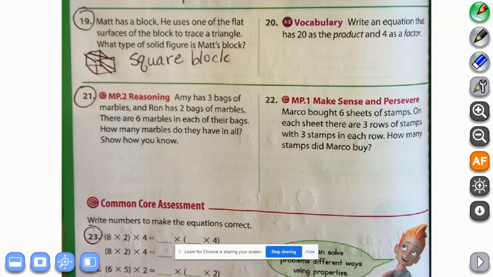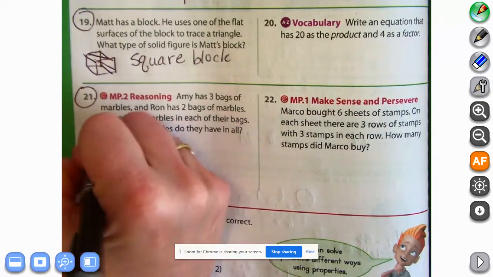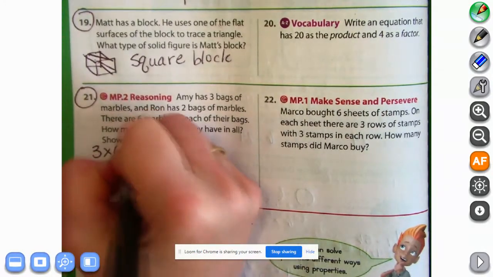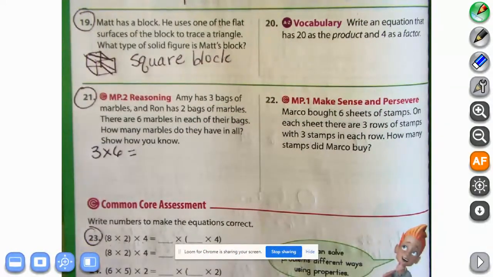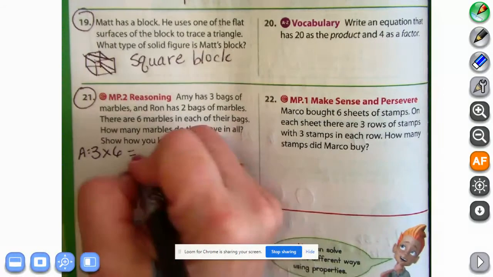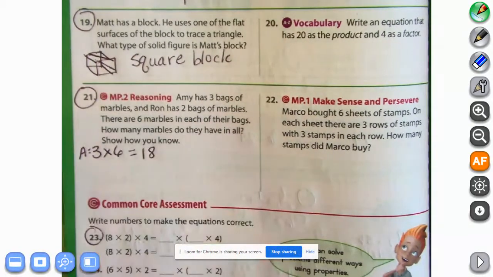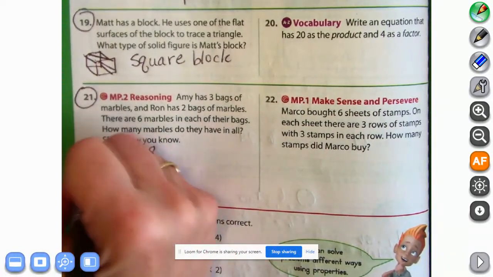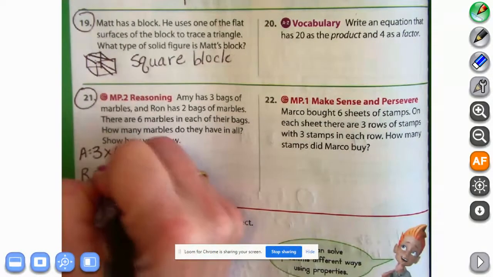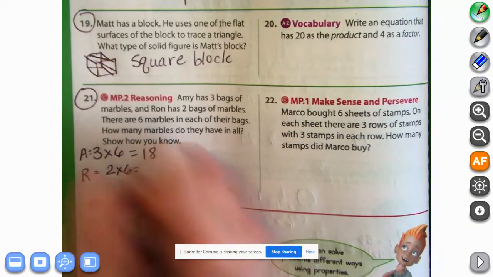So Amy has 3 bags of marbles, and there are 6 marbles in each bag. This is Amy. I'm going to put an A by her name, okay? 3 times 6 is 18. Ron has 2 bags of marbles, and there are 6 marbles in each bag.